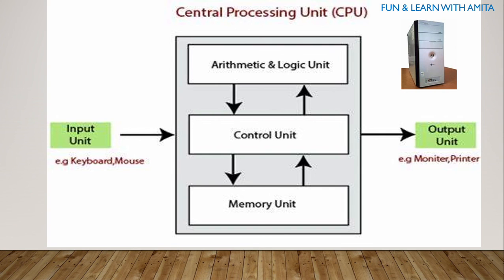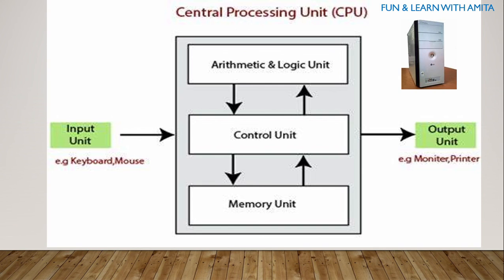In CPU, control unit will ask ALU that it is your work. Do addition. As we know, arithmetic logic unit is responsible for all addition, subtraction, multiplication, division, etc. So in ALU, addition operation will happen. Then memory unit will store the input and answer, and the control unit will release the output and answer through the monitor.